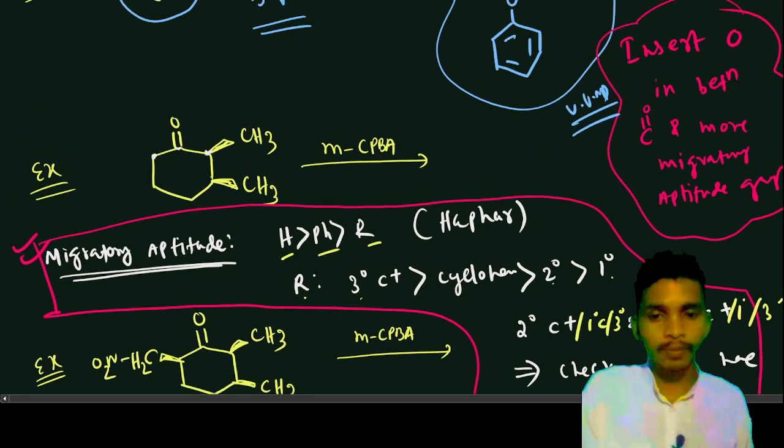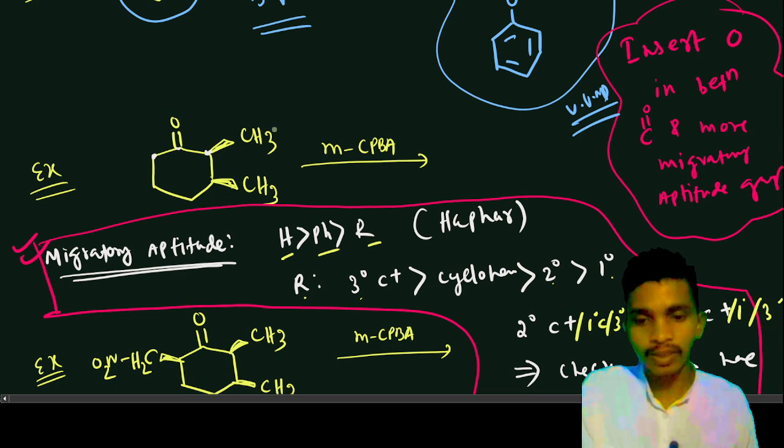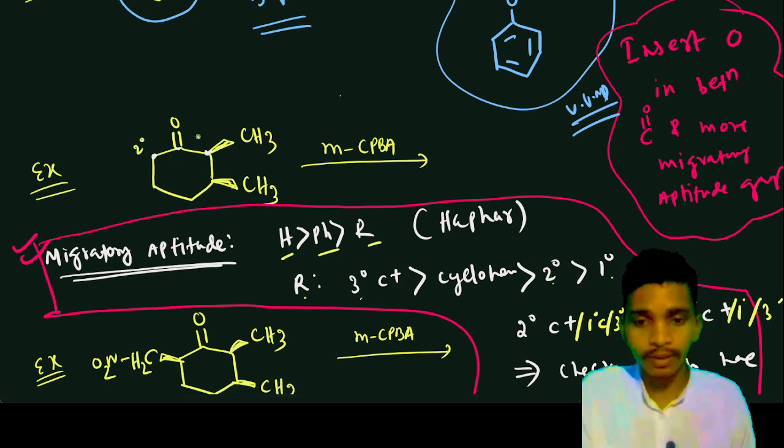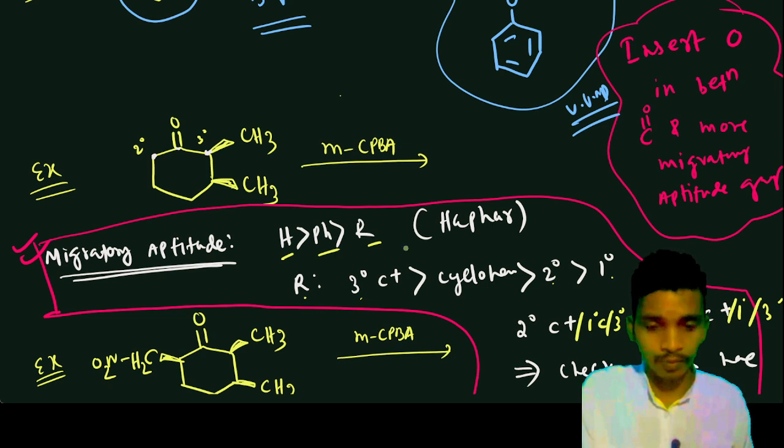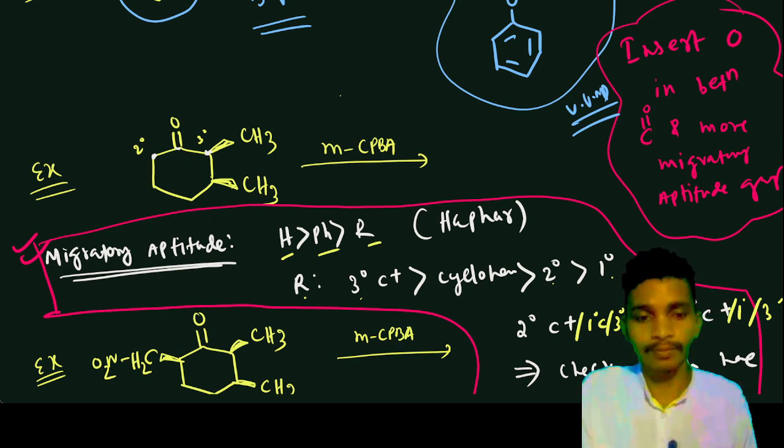Now for these questions, both are alkyl groups, so we will check the carbocations. This is going to be the 2-degree carbocation and this is going to be the 3-degree carbocation. So 3 degrees is more than 2 degrees, so O will be joined here.